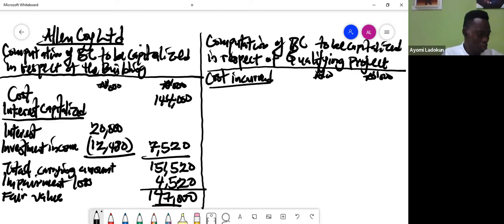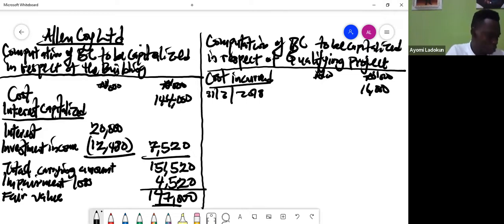Now the first cost was incurred on 31st March 2018. How much is that? It is 16,000 from the question.